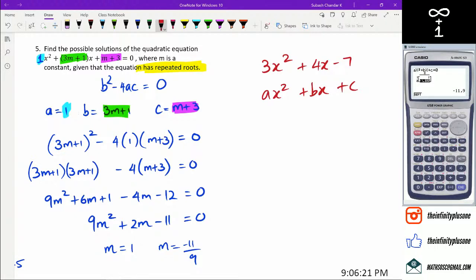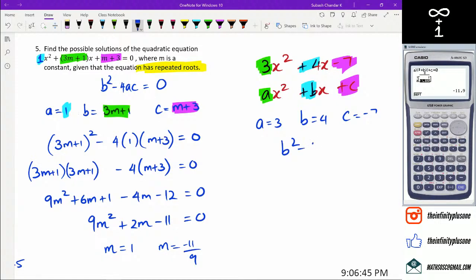The only thing we care about is the values. So a is equal to 3, b is equal to 4, and c equals minus 7. If we were to work out the discriminant, we don't care about the x at all. So it's 4 squared minus 4 times 3 times negative 7. Yeah, exactly, Eileen. That's what it is.